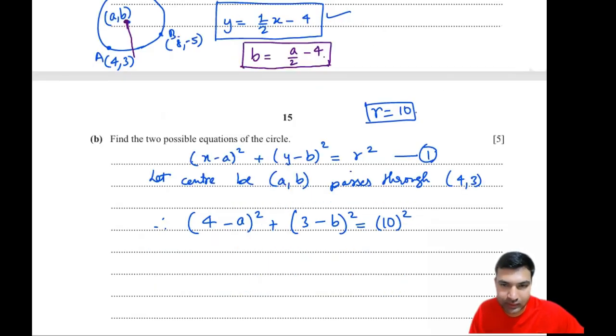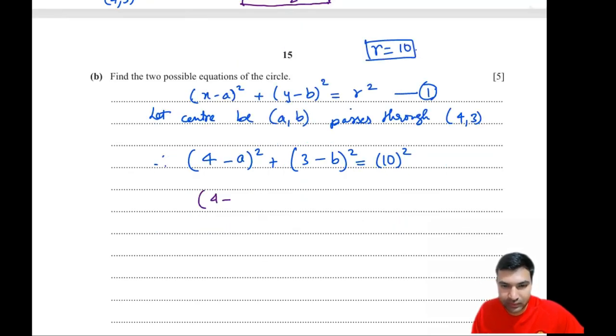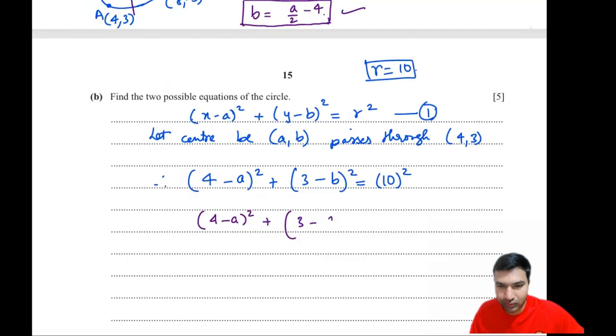The y coordinate of the center is this. So putting this b value in the equation of the circle, we get (4 minus a) whole squared plus (3 minus a over 2 plus 4) whole squared is equal to 100, and minus times minus becomes plus. Right, so I'm substituting the b value from here. I hope you can get this.